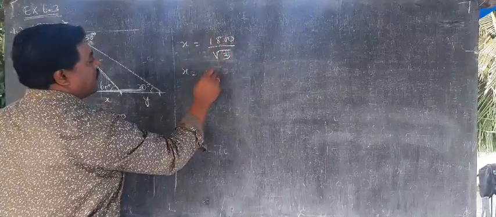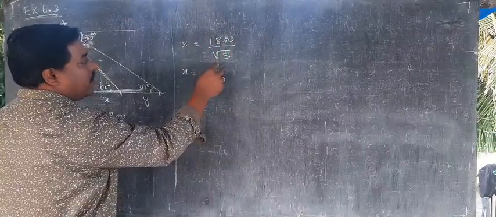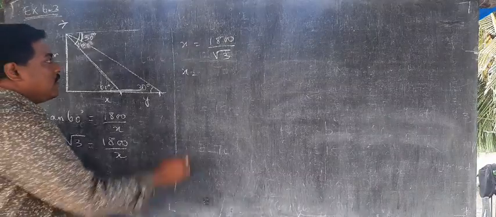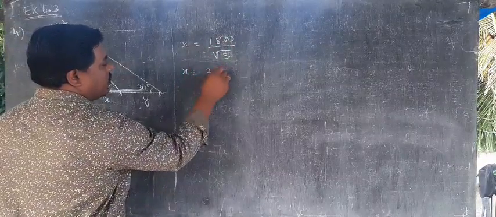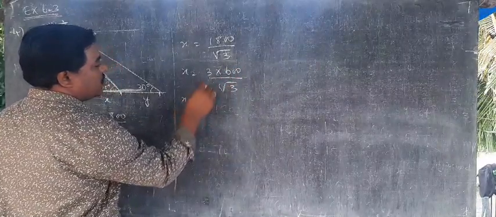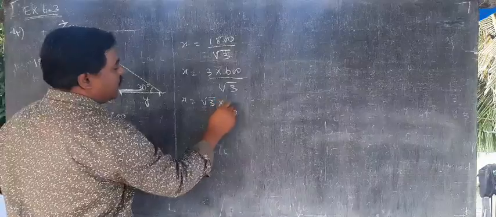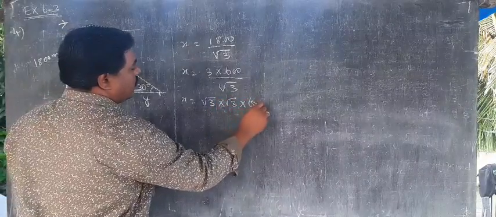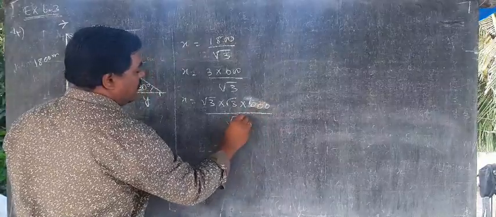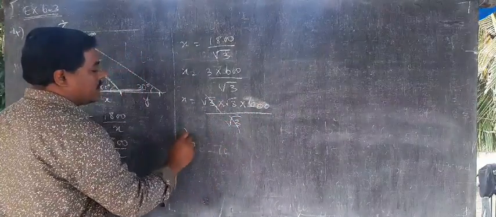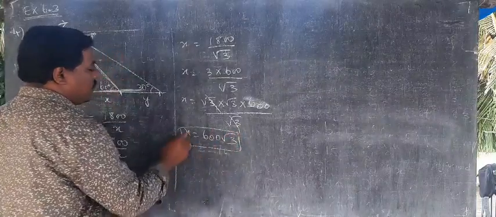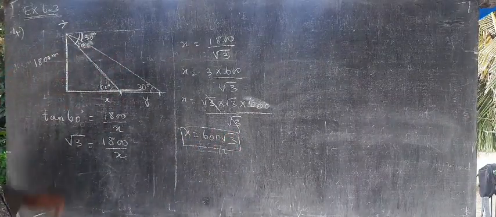We need to cancel the root 3, so 1800 separates into 3 into 600, that is root 3 into root 3 into 600 by root 3. Root 3 will cancel, so x equals 600 root 3. This is answer 1.